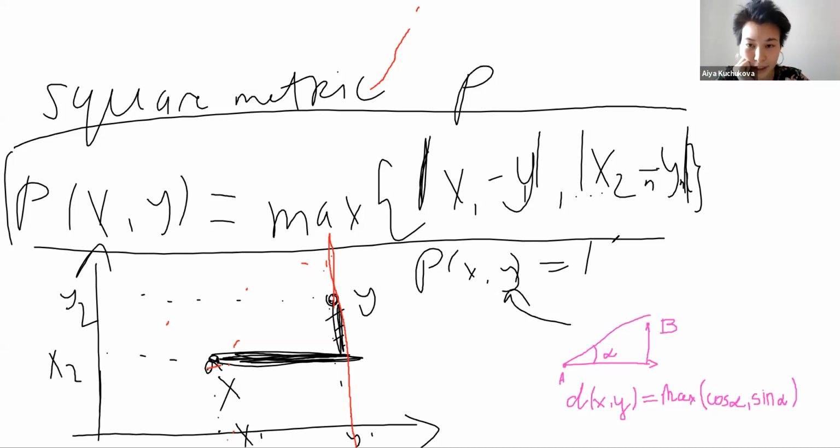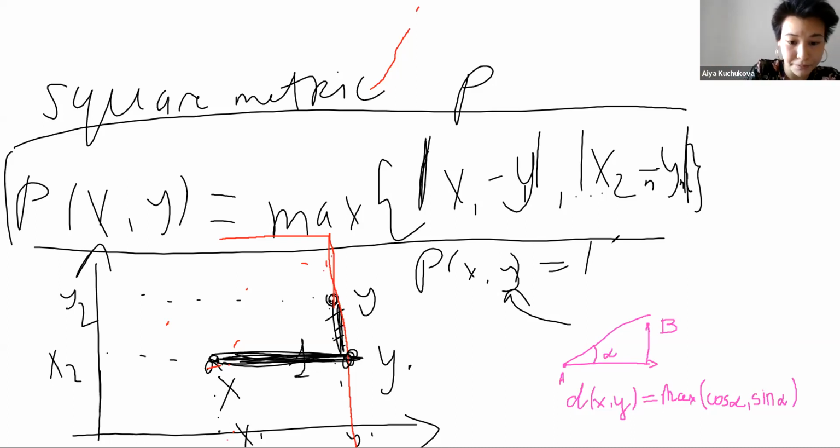Maybe we can try just playing around with it. Say my point y is here, then they have no distance on the y coordinate. They only have distance on the x coordinate. So of course it's a maximum, so we just put 1 here.